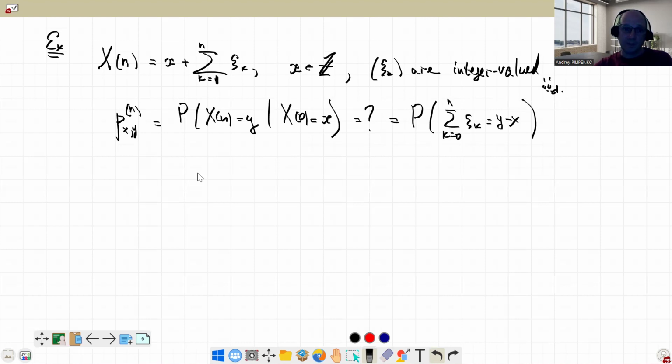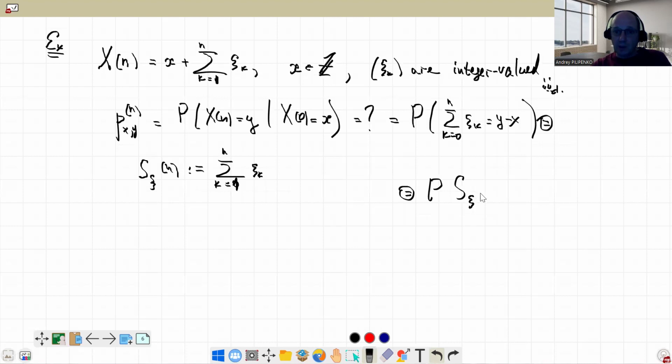And this sum will be denoted by S_psi(n). So by definition it is the sum of psi_k from 1 to n. Okay, so this is equal to the probability that S_psi(n) is y minus x. Well, there will be no nice formula for this probability, but it is possible to calculate a generating function.